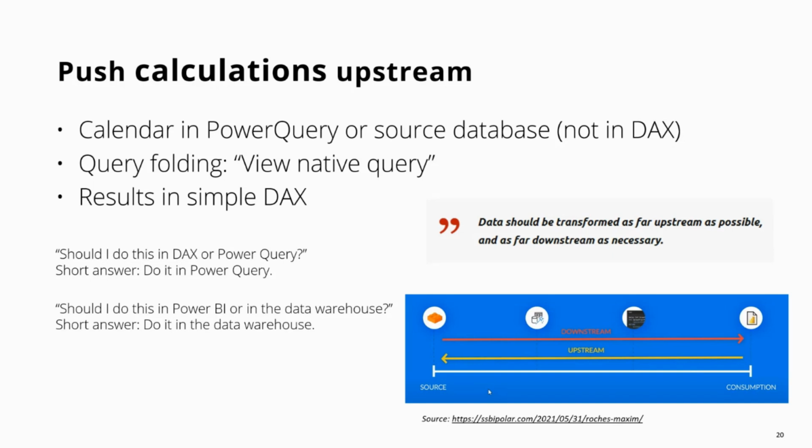So he's kind of an authority in this regard, right? And his maxim states as such: data should be transformed as far upstream as possible and as far downstream as necessary. Now, when you're deciding whether you should do it in DAX or Power Query or at the source, right?